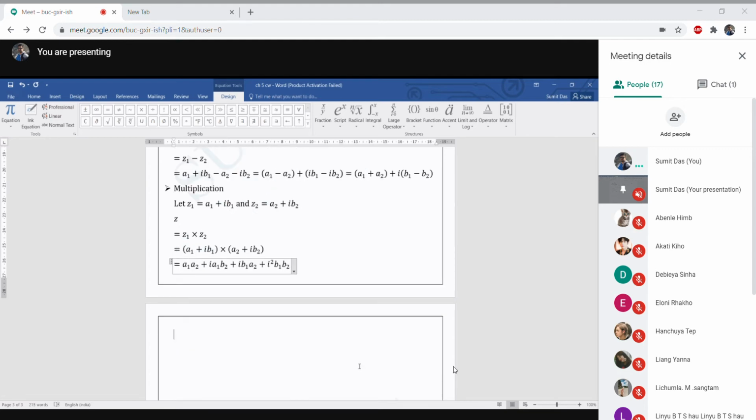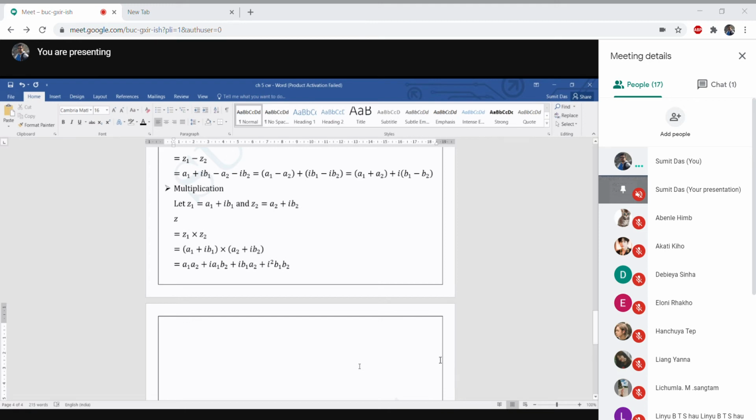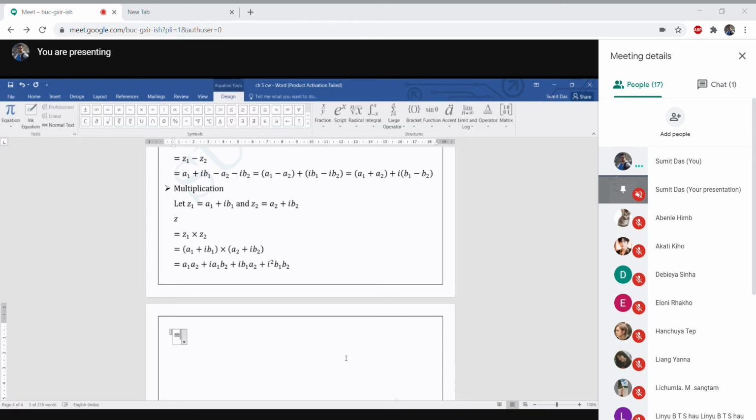Okay, now if we simplify this, from these two terms I'll take i common, so I can write it in a bracket. And we know i square value is minus 1, right? So it will be minus.